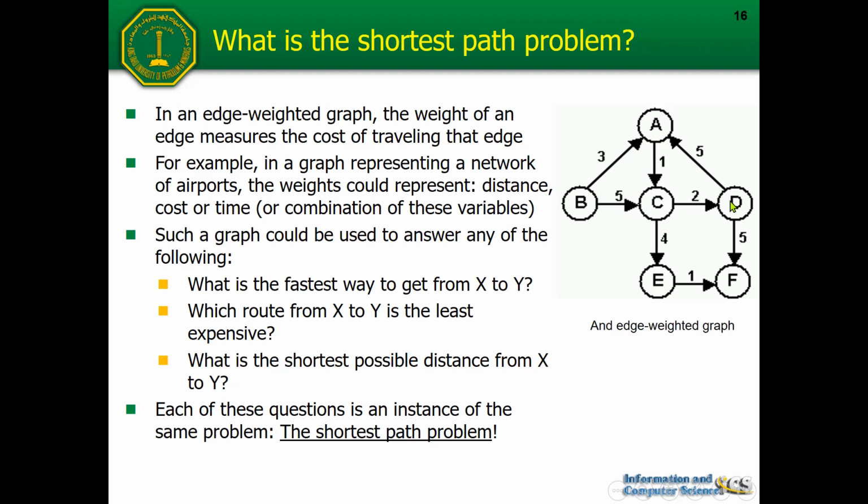That will be the minimum cost path compared to BCD. So in this case, we should pick the BACD path rather than BCD path. That is the shortest path problem. We want to travel by using the shortest path because we want to minimize the cost for traveling that path.